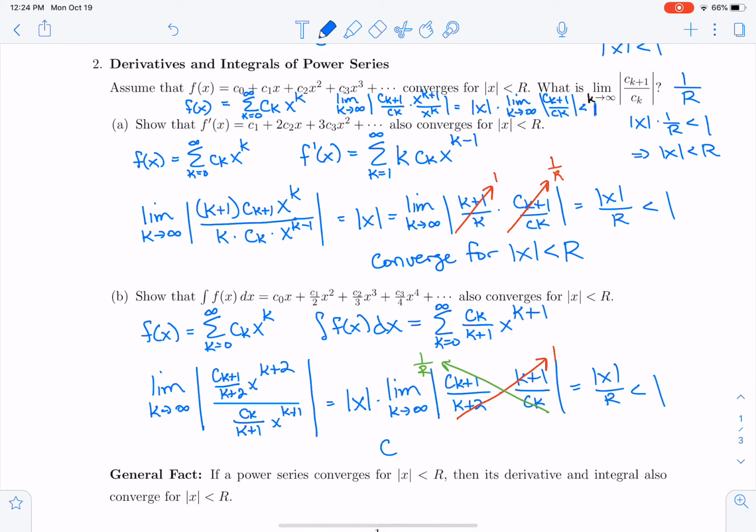And so we can say that the antiderivative also converges for |x| less than r. What we've shown is that if a power series converges for |x| less than r, then its derivative and antiderivative, or integral, also converge for the absolute value of x less than r.